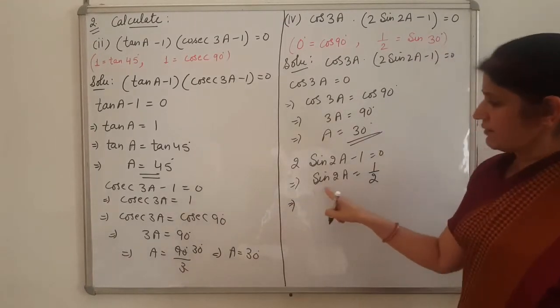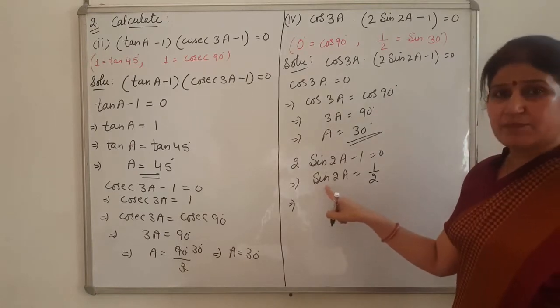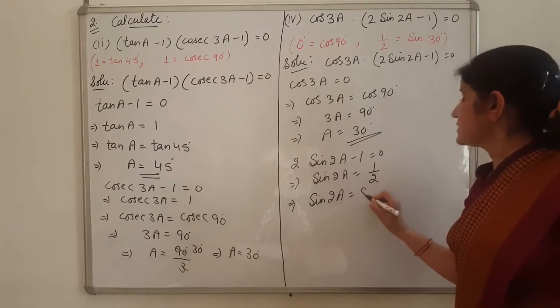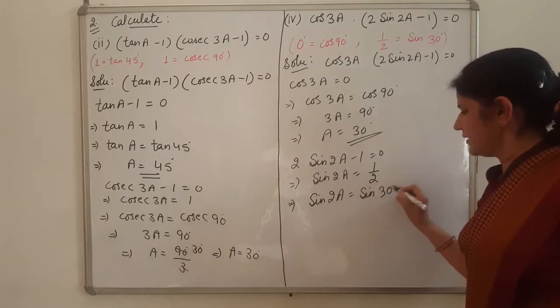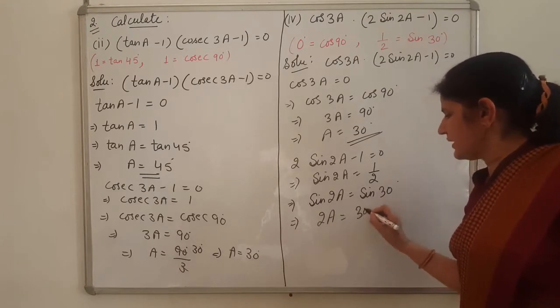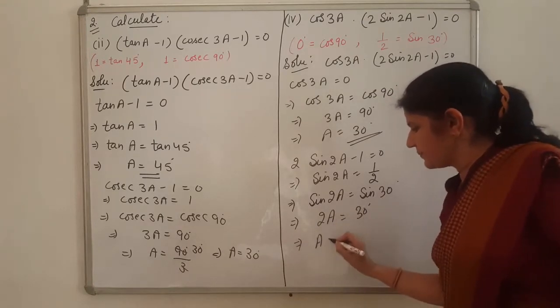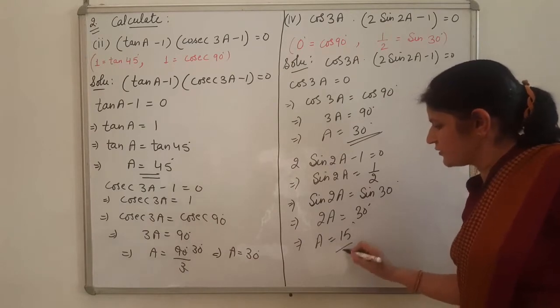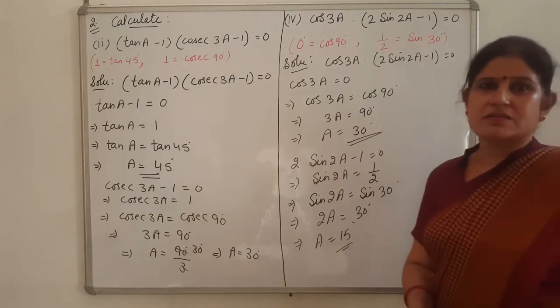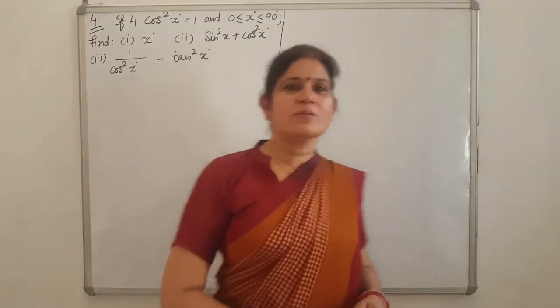Whatever angle is here, you have to see the value in the same function. So sin 2A equals sin 30. On comparing, 2A is equal to 30 degrees, and what will be A? 15 degrees. So there are two values, 30 and 15. This is the answer.